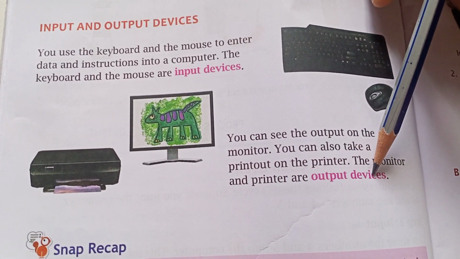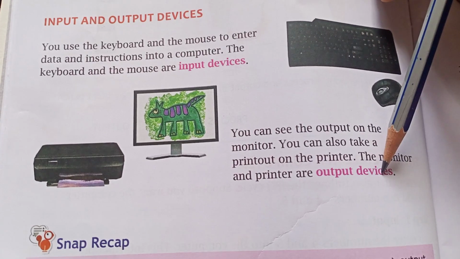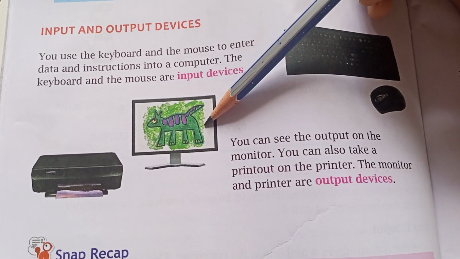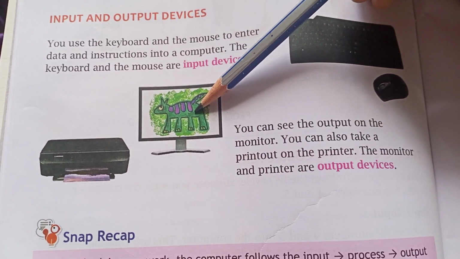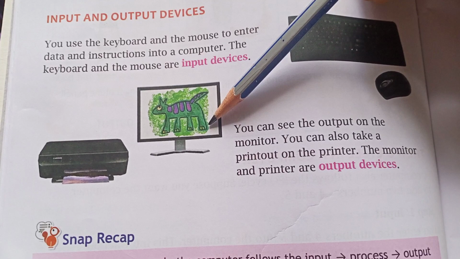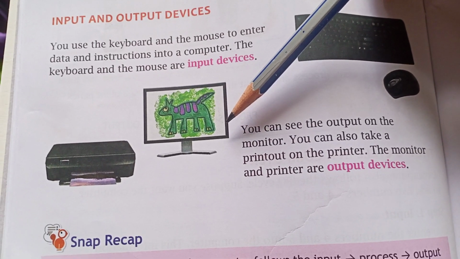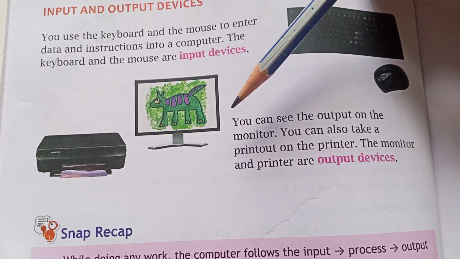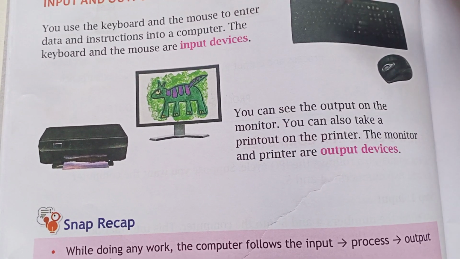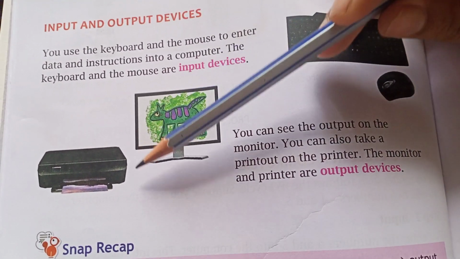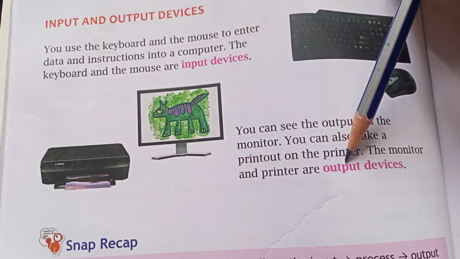Devices means things. What you will see from outside are called output devices, and what you give from within, which you cannot see, are input devices. So remember, keyboard and mouse are called input devices, and monitor and printer are called output devices.